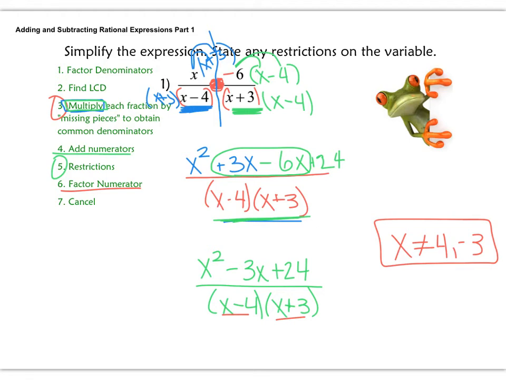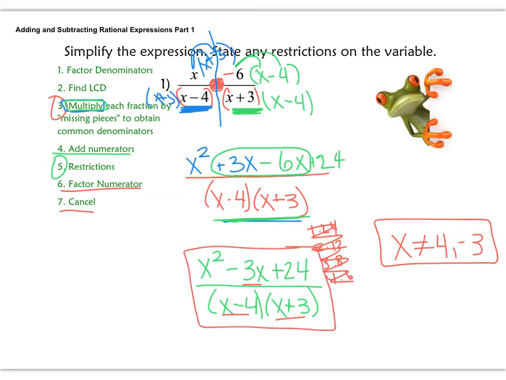Well, options for 24 is going to be 1 and 24. We're going to have 2 and 12, 3 and 8, 4 and 6. And I'm trying to get a negative 3x in the middle. None of those are going to work. This actually does not factor. So step 7, does anything cancel? No, it does not. And I am done.